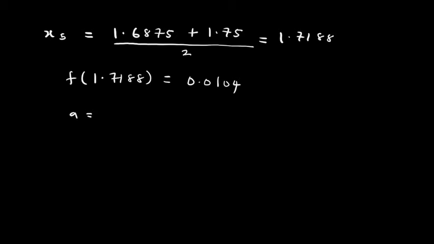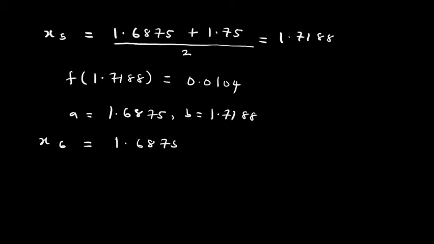A is equal to 1.6875, B is equal to 1.7188, then x6 is equal to 1.6875 plus 1.7188 over 2, and this will give us 1.7032.